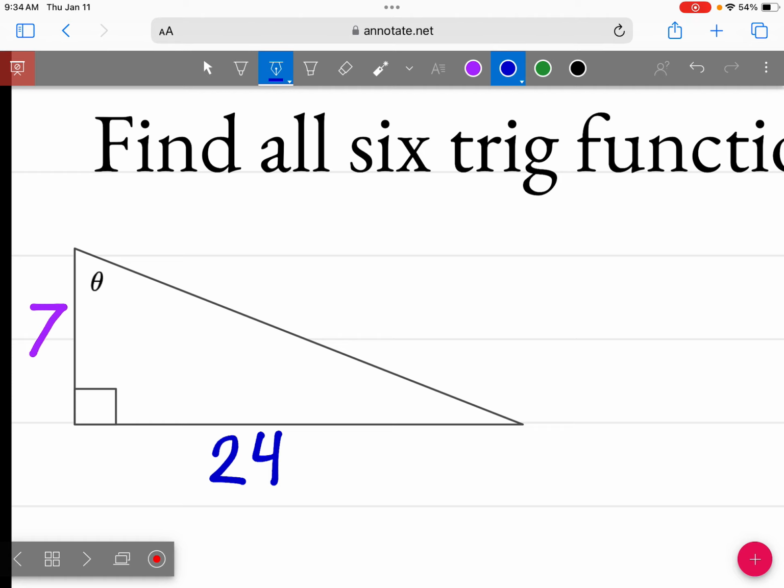And it genuinely does not matter if your triangle is to scale or even to scale-ish. Even if you drew a really small side for that 24, it does not matter. It'll give us the same values. Follow your numbers.